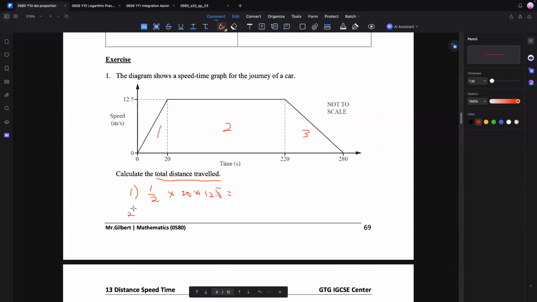And then your second one is how much? Second one is 200 times 12.5. And then your third one is 1/2 times 60 times 12.5.